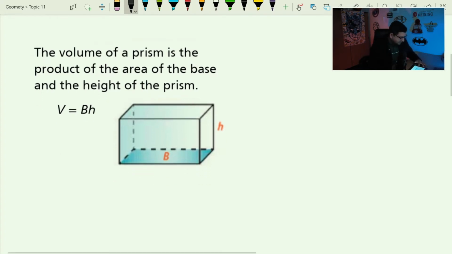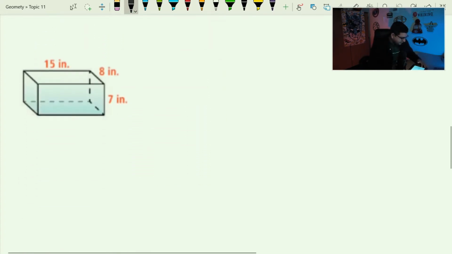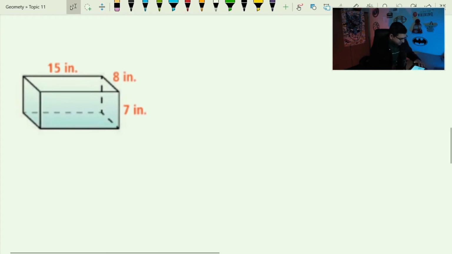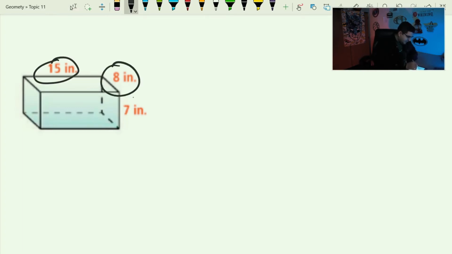Okay, so let's get started by looking at our first example, a rectangular prism that we need to find the volume of. First off, I can see the three dimensions. This is 15 by 8 by 7, where 7 is the height.